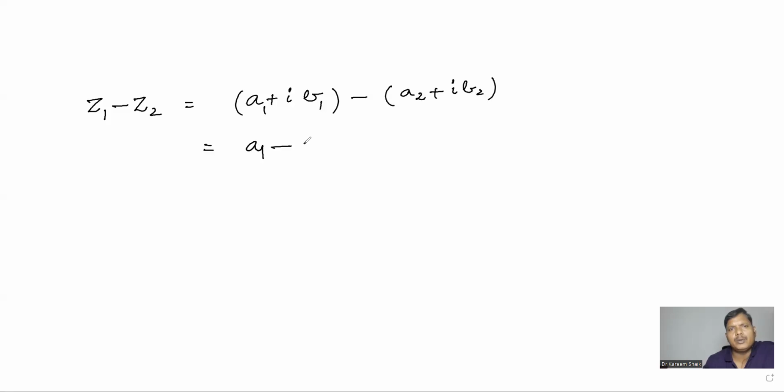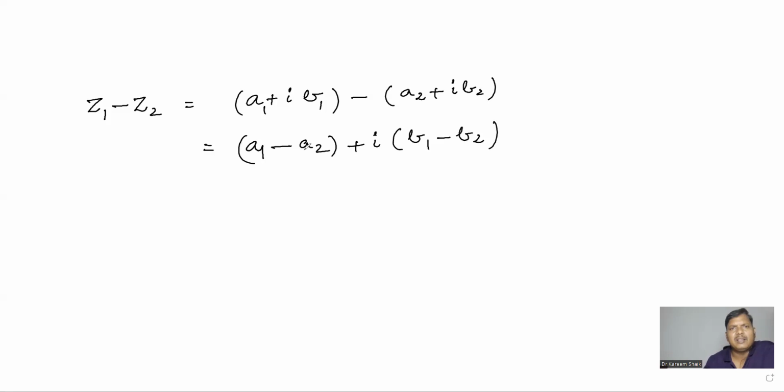We do subtraction, the same one. Z1 minus Z2. That means A1 plus iota B1 minus Z2, which is A2 plus iota B2. Can I write it as A1 minus A2 plus iota times B1 minus B2?